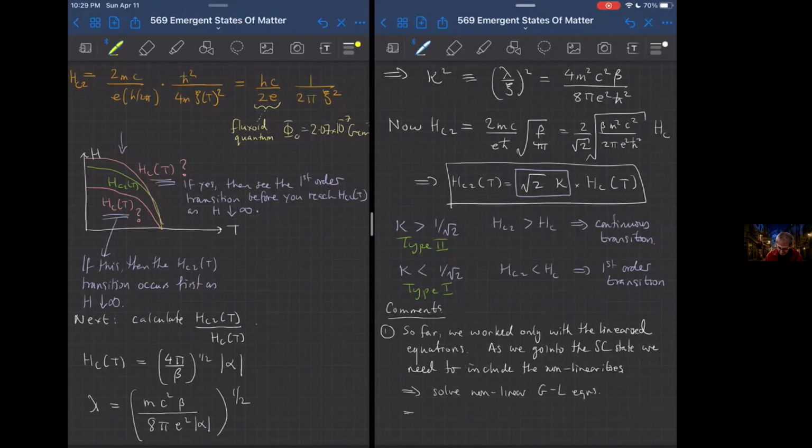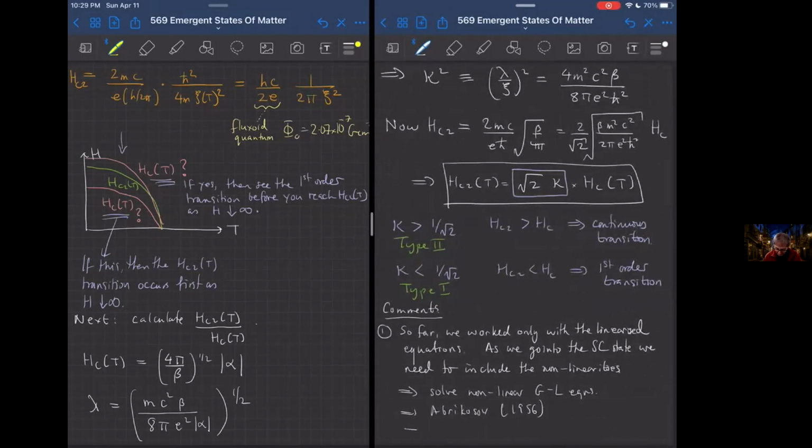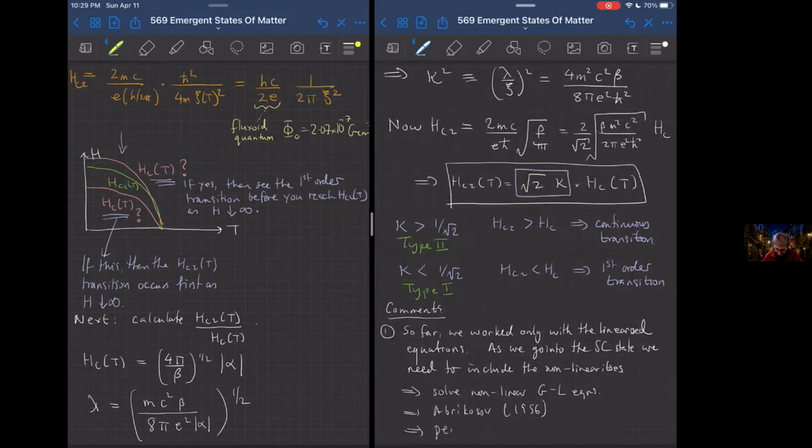and this was done first of all by Abrikosov in 1956, and what he showed is that what you get is a periodic array of flux tubes.